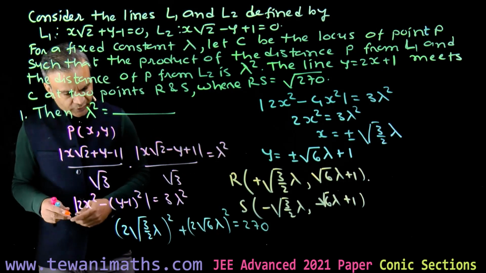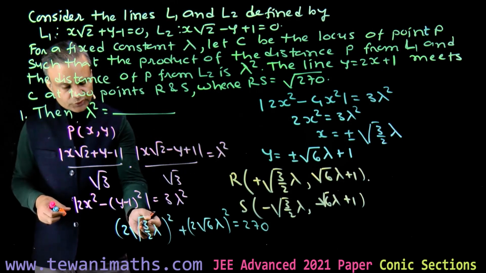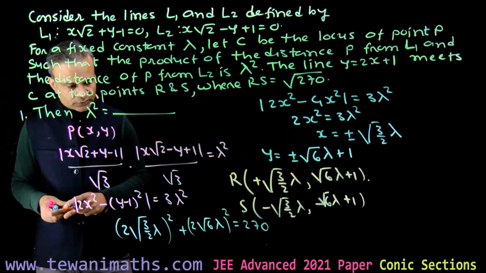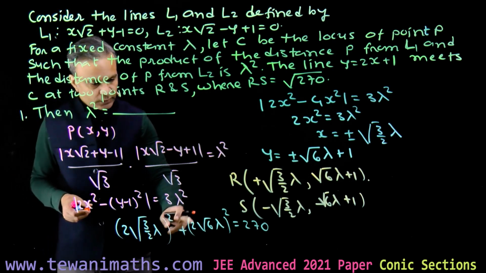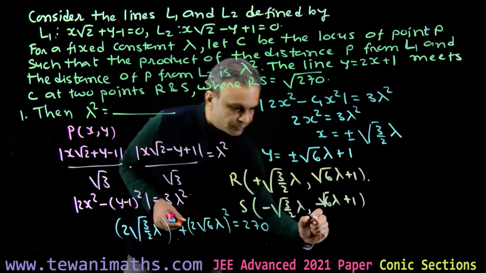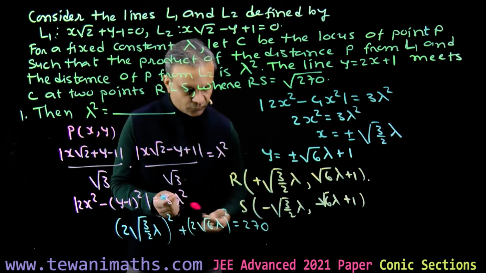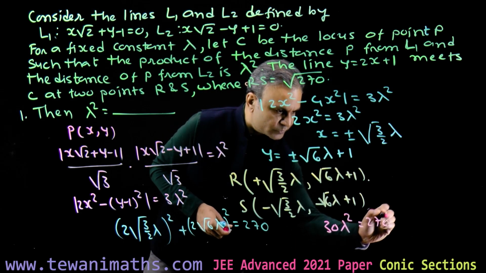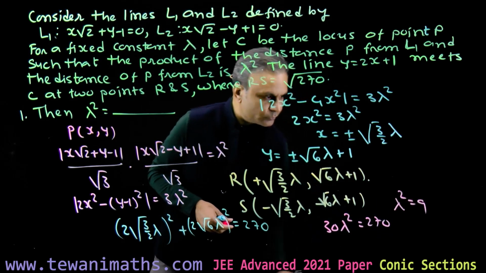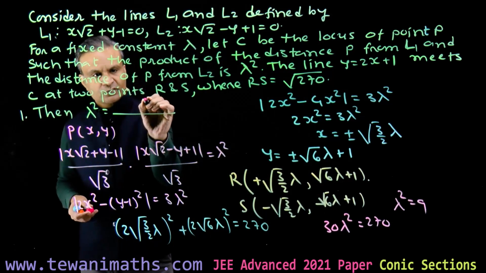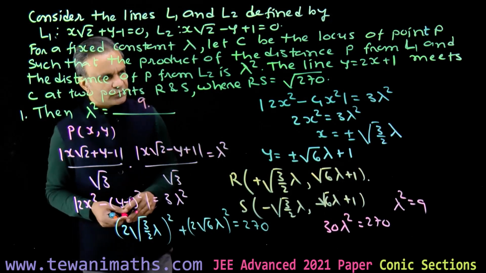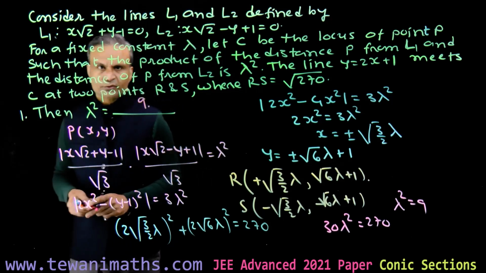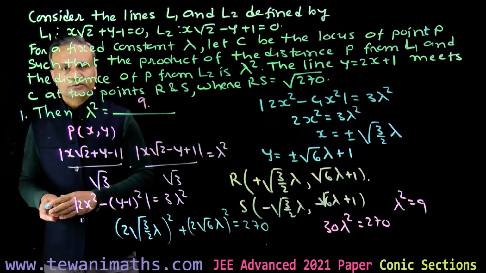So we get 4 into 3 upon 2 is 6, 6 lambda square plus 24 lambda square means 30 lambda square. We have 30 lambda square equal to 270, or lambda square equal to 9. So the value of lambda square is 9. This is a very simple locus based question. Let's solve the second question.